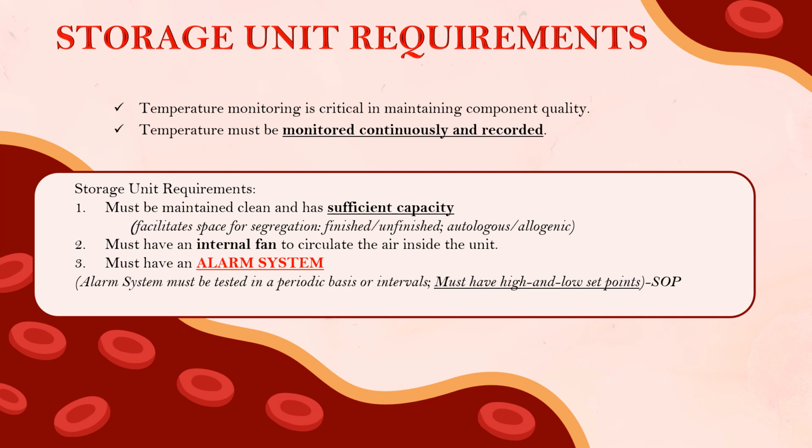And what do we mean by high and low set points? Okay, for example, the standard storage unit temperature is 1 to 6 degrees centigrade. For example only, class, the high set point is 5 degrees Celsius and 2 degrees Celsius for the low set point. Meaning to say, when the storage unit temperature reaches either of the two set points, the alarm system will be activated, and this gives the medical technologists on duty ample time to make corrective actions before it hits a critical condition.